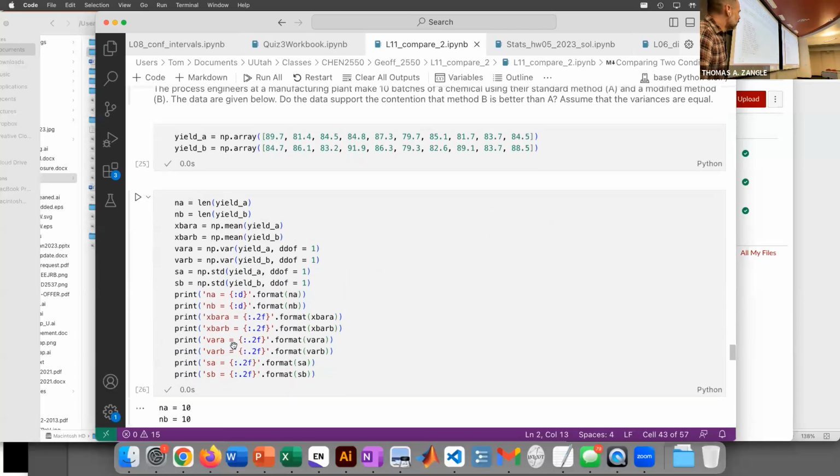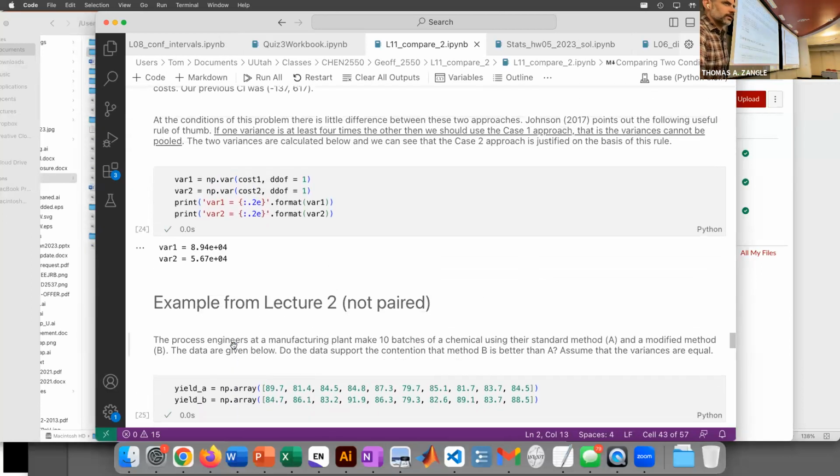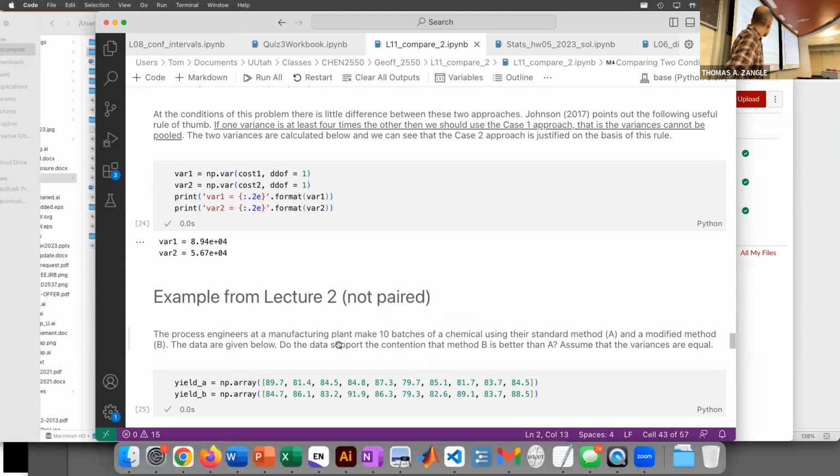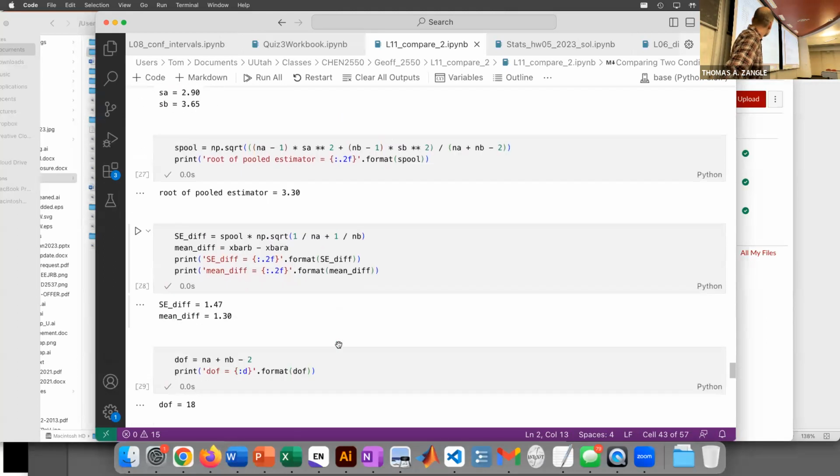All right, so I do want to talk about the quiz, and it is getting long on the last lecture before fall break. I want to point out though that there is another example about how to use this with unpaired estimates that's given in lecture note 11.